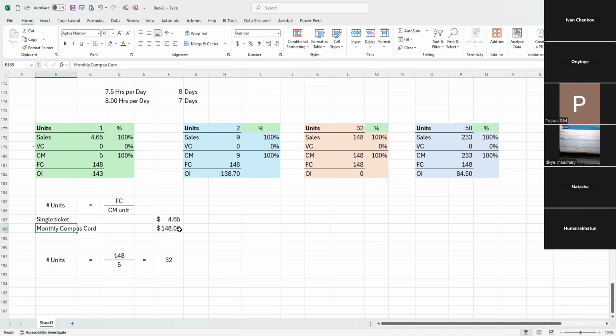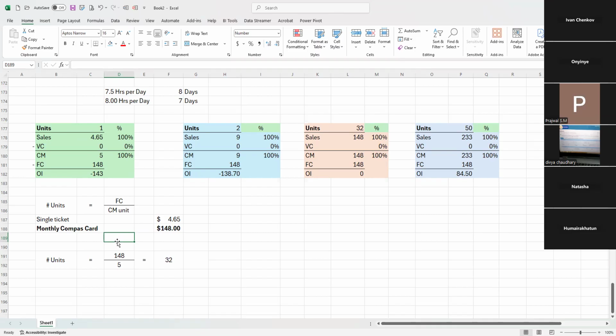That's a fixed cost. But if you are not paying it fixed and are paying per ride, then it's a different story. Then it becomes a variable cost. Oh, okay. That's the options that you have here. You have a fixed cost, which is the monthly pass, and you have a variable cost to pay per usage.